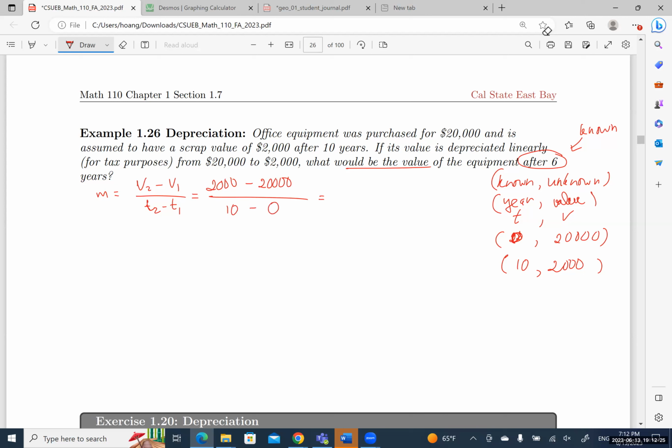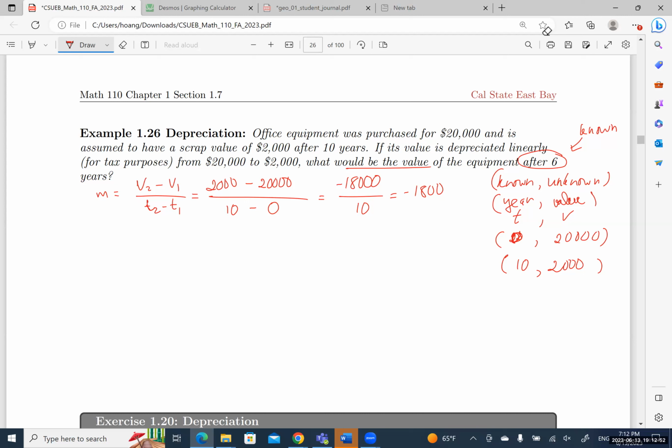So you have negative 18,000 divided by 10, and that makes negative 1,800. As you see, the slope was negative, so that makes a decreasing line.